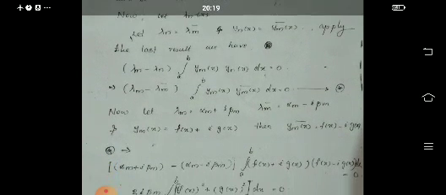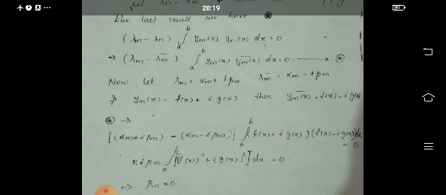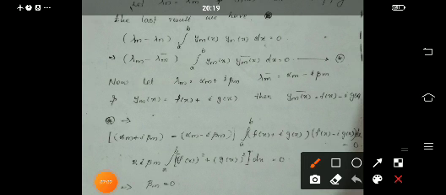Now let another eigenvalue lambda n equal lambda m bar, and yn of x equal ym bar of x. Applying this result, the equation becomes lambda m minus lambda n, integral a to b ym of x yn of x dx.